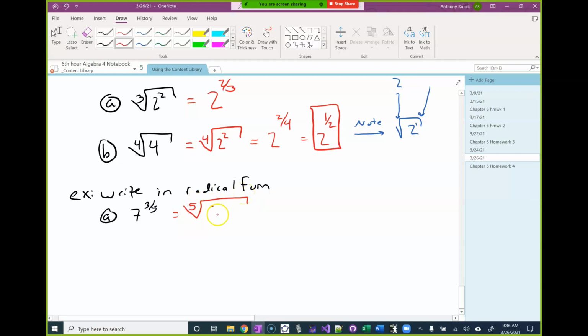The number under the radical is 7, and the exponent on the 7 is the numerator from our fraction. And 7 to the 3rd, if I go to my calculator, I think is 343. Everybody okay there? Again, not too bad. We're just using this new definition and the same kind of things that we've done before.